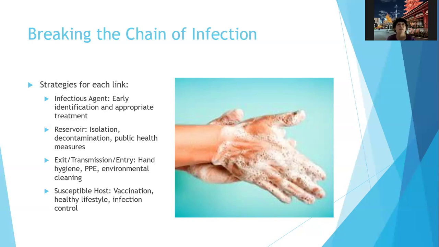Now the strategies for each link. If you are able to identify the infectious agent early and treat it appropriately, then you're going to spread less. If you are a reservoir, like you're currently sick, there are isolating, decontaminating, and public health measures, like staying home from work. If you don't stay home from work, wear a mask when you go to work, if it's that type of thing.